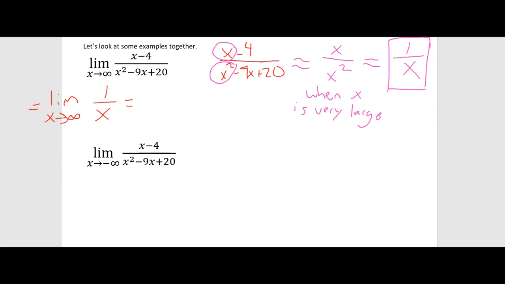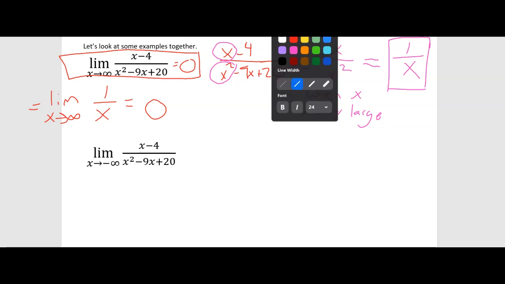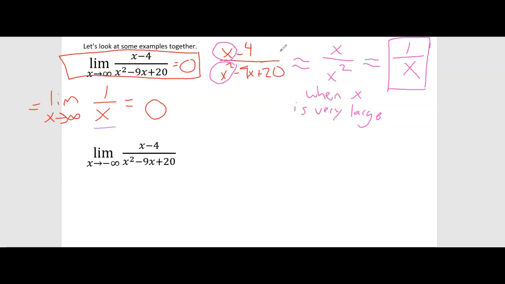So as you approach an infinite number of slices, the size of a slice is actually approaching 0, right? The area of each slice would be approaching 0. So the limit of this function is 0. Likewise, the limit of this function is equal to 0. So while this function and this function are not exactly the same, the limits at infinity will be equal, okay? And one of them is easier to find than the other.